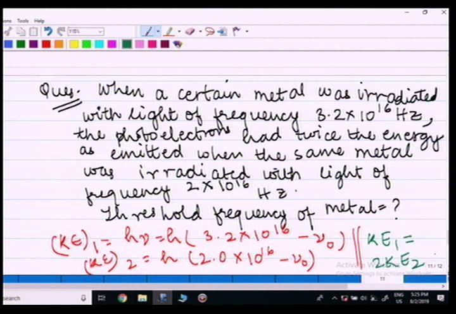So you just need to equate the two equations. H will get cancelled, so you actually don't need to ever put in the value of H and complicate your calculations. You can just let it be H, it will get cancelled.